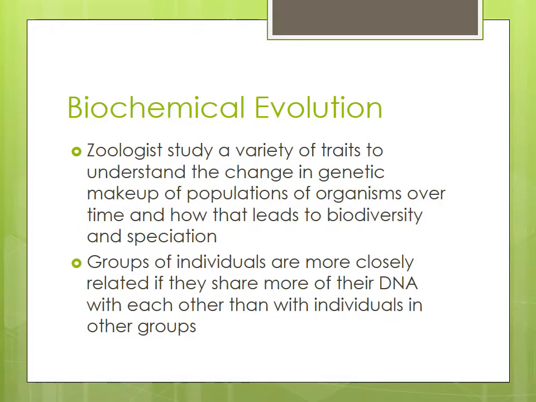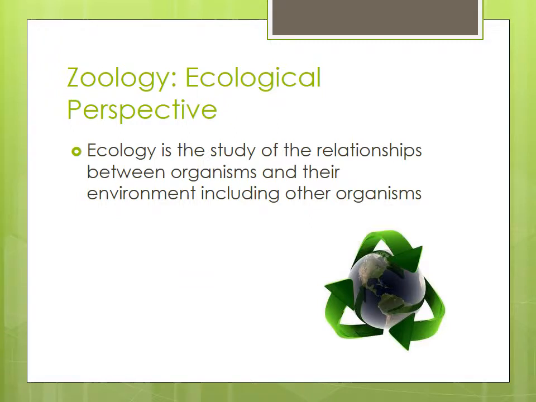So by comparing the DNA of different organisms, we can tell how closely related they are. We can tell where the change in the DNA took place. And based on their common ancestor, we can also start to place when they separated from their common ancestor in history.